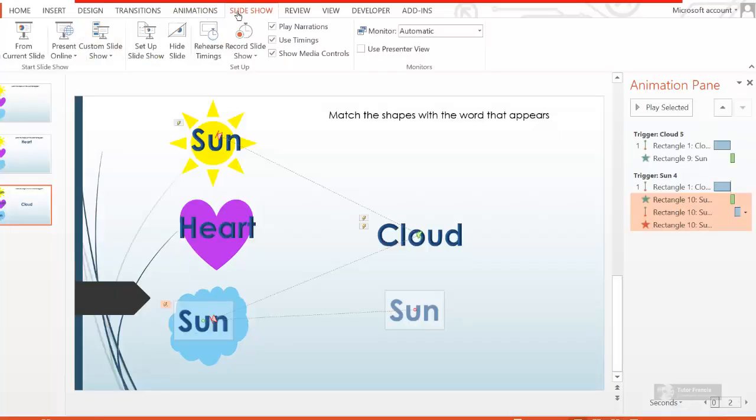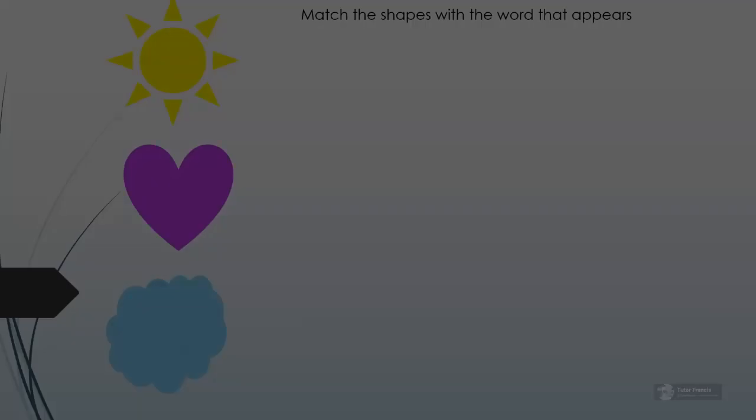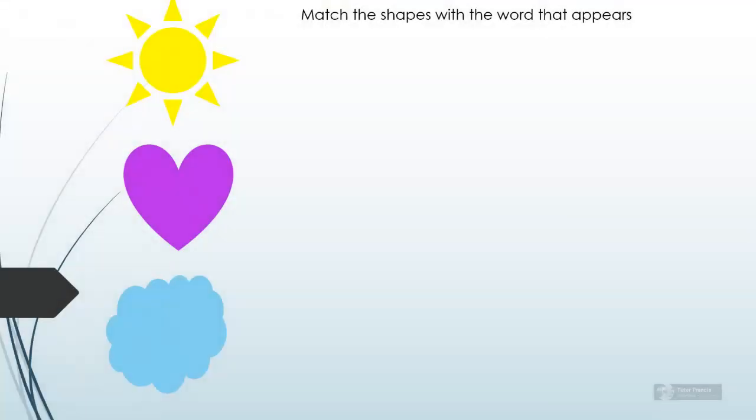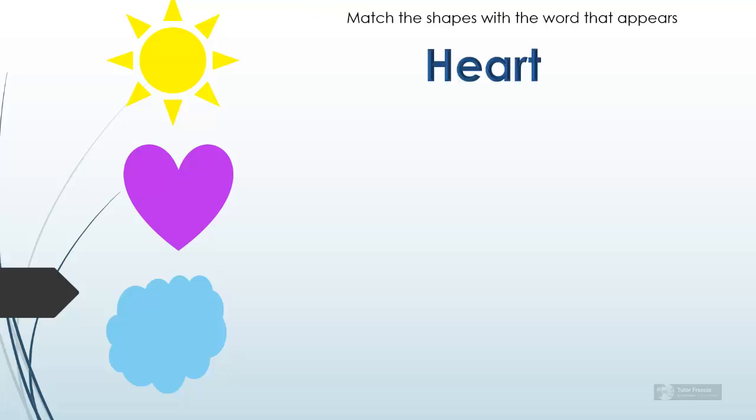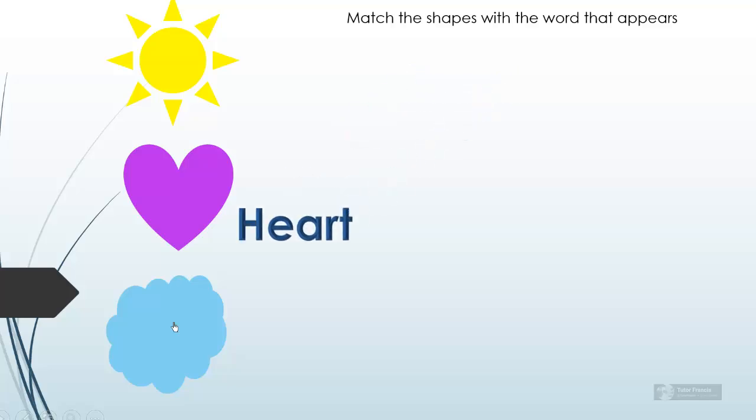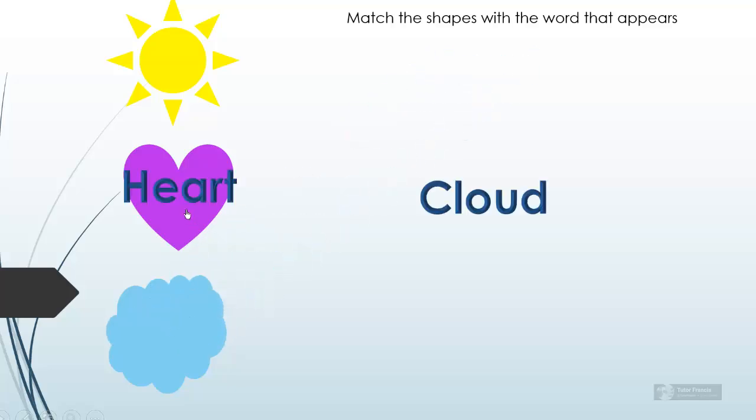Now let's test the whole thing from the beginning. So when you start, after 5 seconds, the word will appear because of the transition. Then you can match. If you match this, it goes back. If you match with this, it goes back. But when you match with this, it remains.